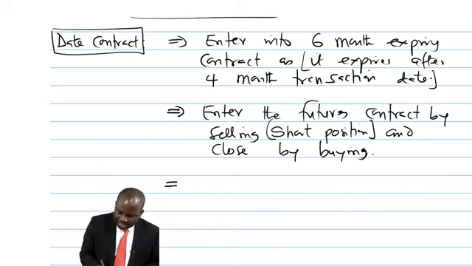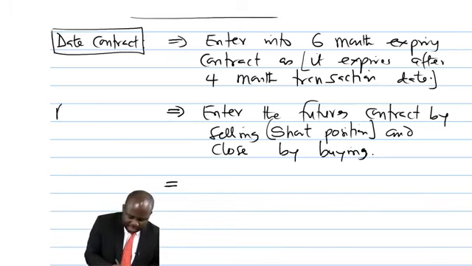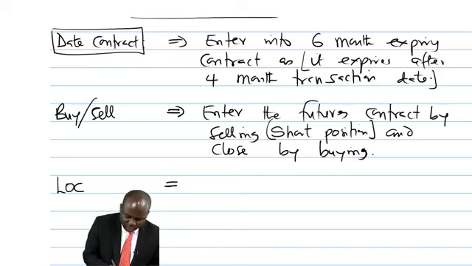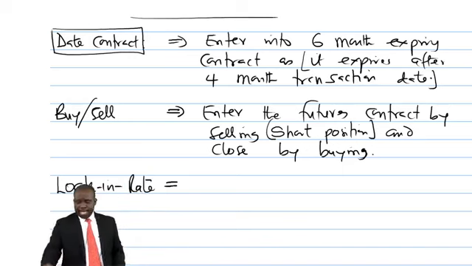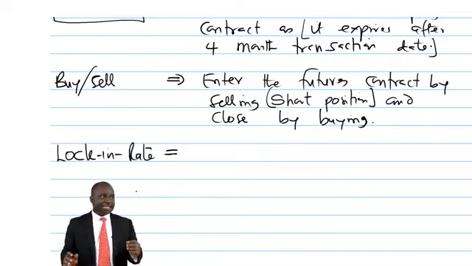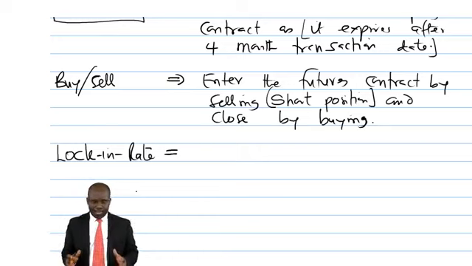So the next is what we say your lock-in rate. Here, if you want to follow the stages, buy or sell, and then the next is you calculate your lock-in rate. The lock-in rate is calculated based on a formula.